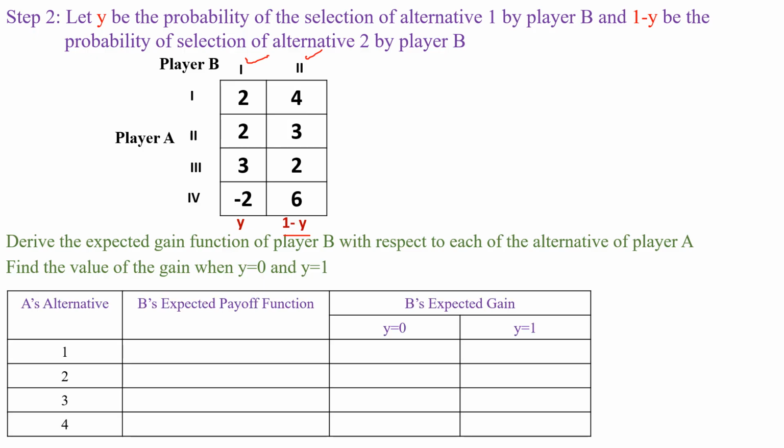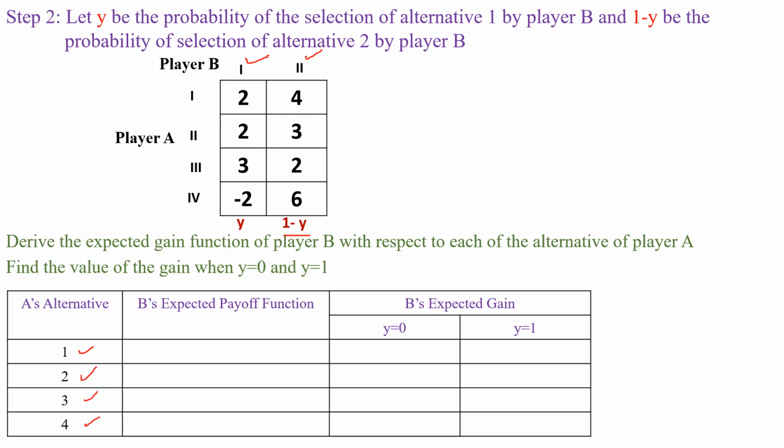For this, first we have to draw a tabular column like this. The first column is A's alternatives. Player A has 4 strategies, so we write down all 4 strategies: 1, 2, 3 and 4.